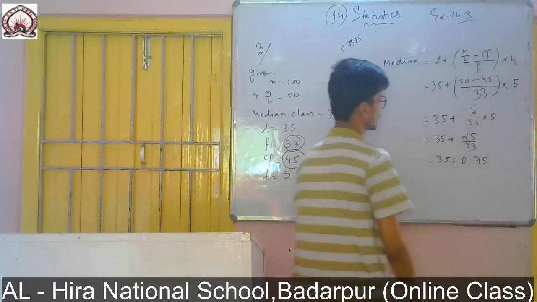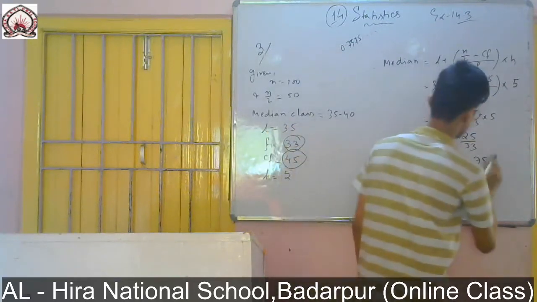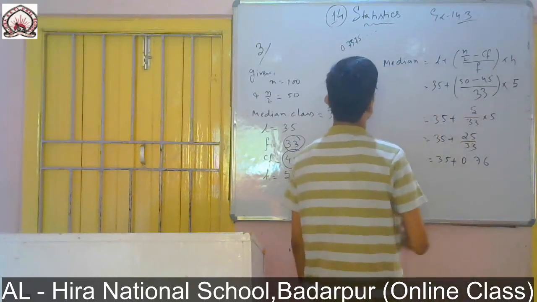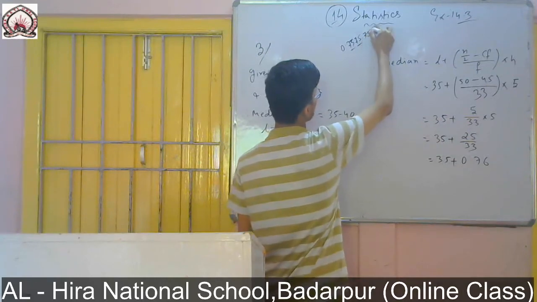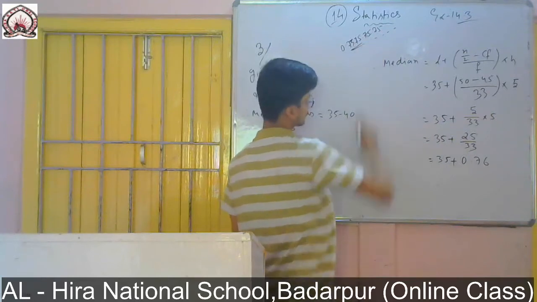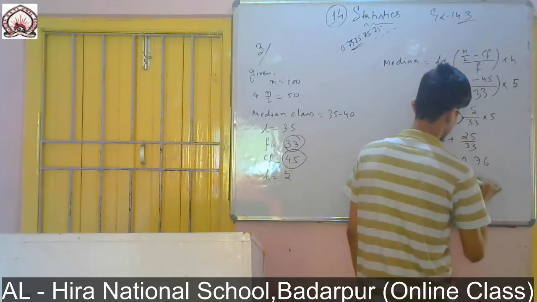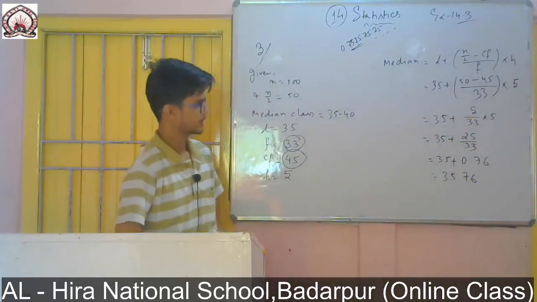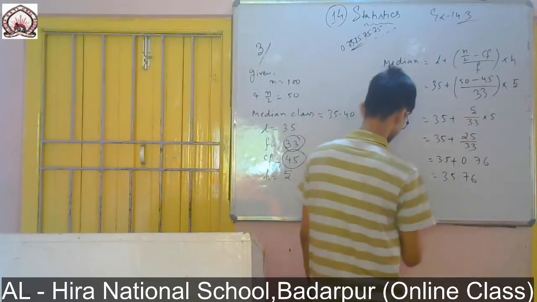So we will take it up to 0.75, or let us take it as 0.76, because it is going on 75 continuing, so to end these things I have written 76. So the answer will be 35.76. Therefore the median age is 35.76 years.